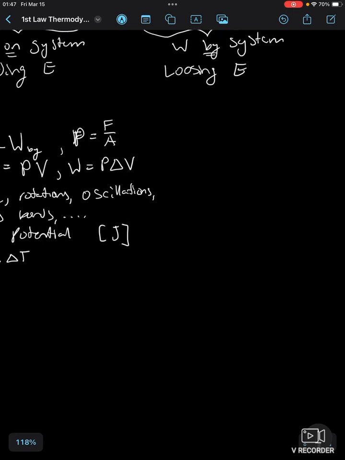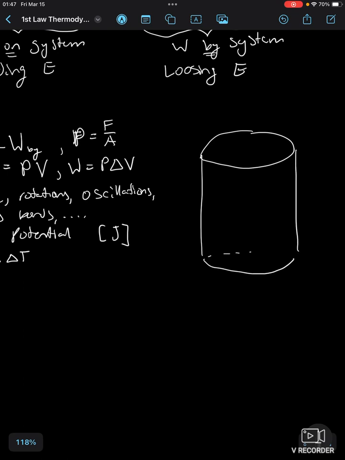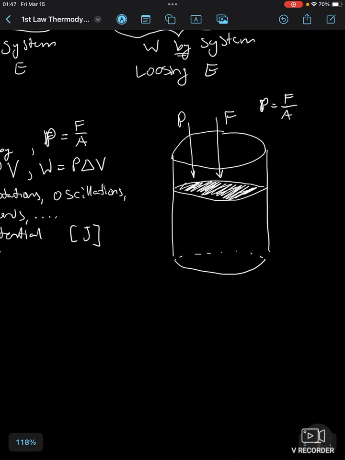And to talk a bit further about this, if we say that we have some type of cylinder, pushing this down, we see that we have a force, or we can also say pressure, where pressure is, of course, force per unit area. And this is going to be some distance d.